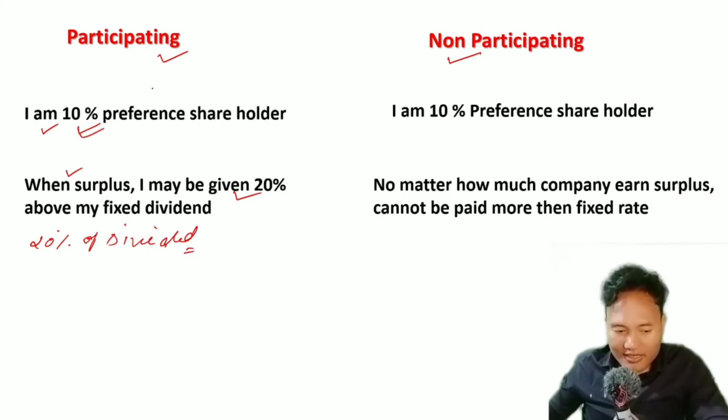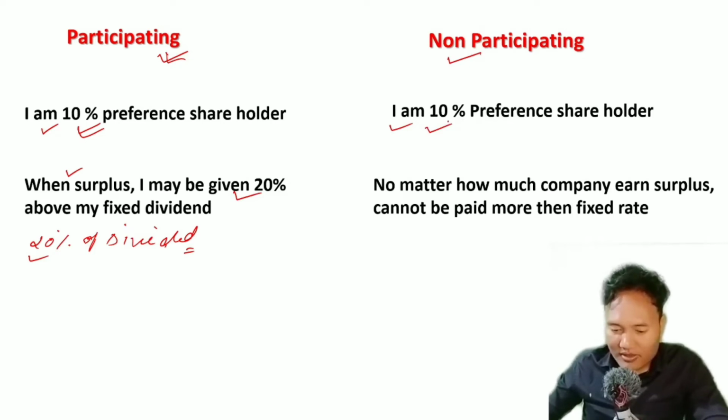Why? Because they have invested in participating shares. That's why they can participate in the surplus of the company. Next, we have non-participating. If any investor has invested in non-participating preference shares, their amount of dividend will remain fixed.